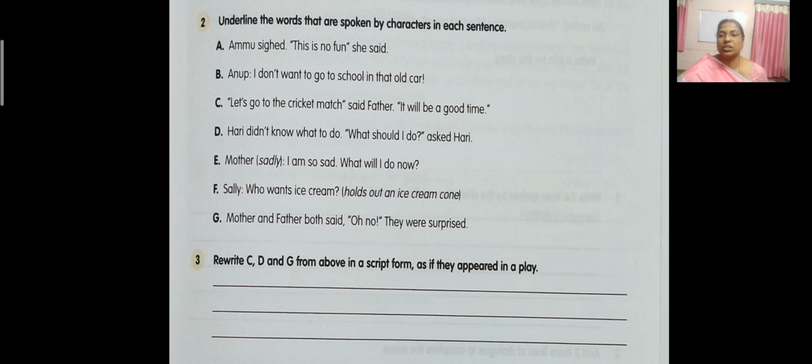She is asking a question. So "Who wants ice cream?" That you have to underline. And whatever is there in the brackets, children, that is the stage direction. She is holding an ice cream cone and then she is asking, "Who wants ice cream?" Clear? Mother and father both said, "Oh no." They were surprised. So here what did they say? "Oh no." That you need to underline.